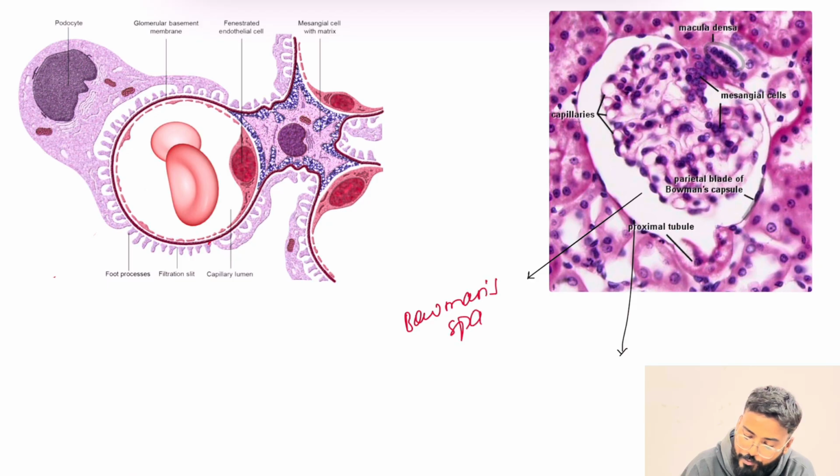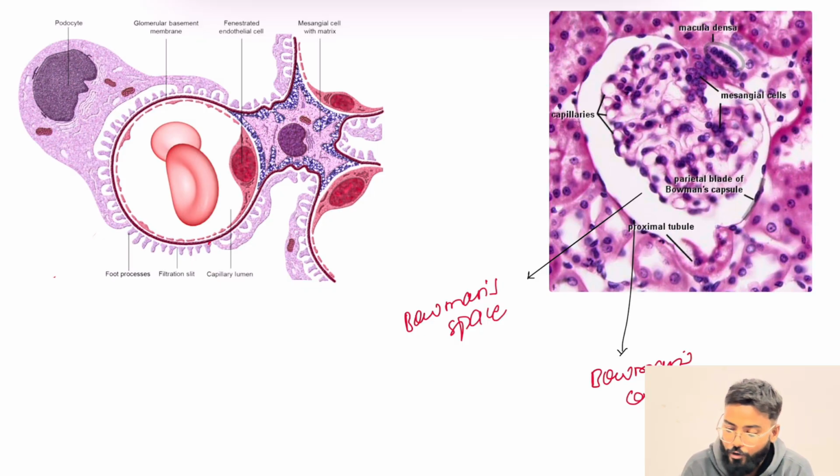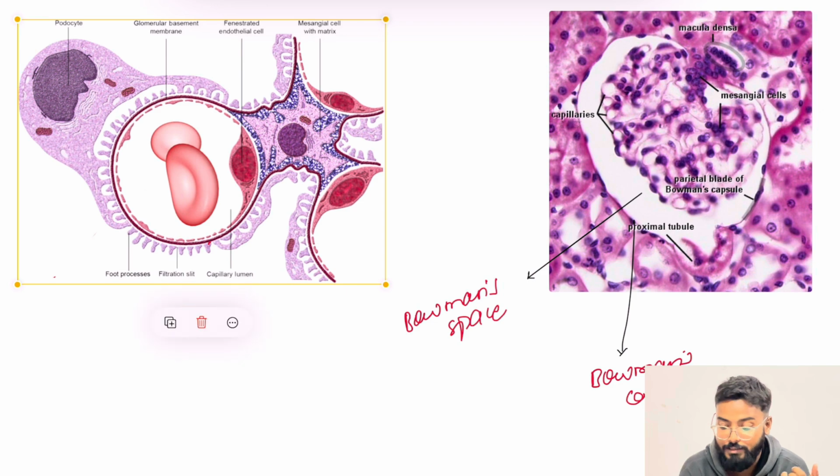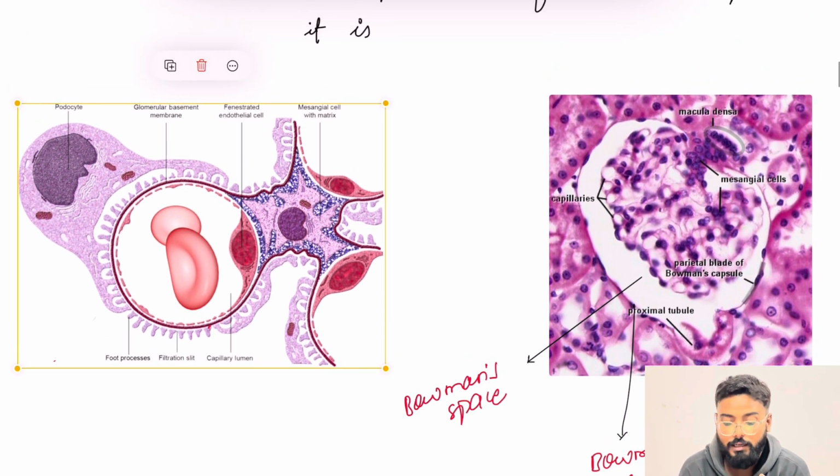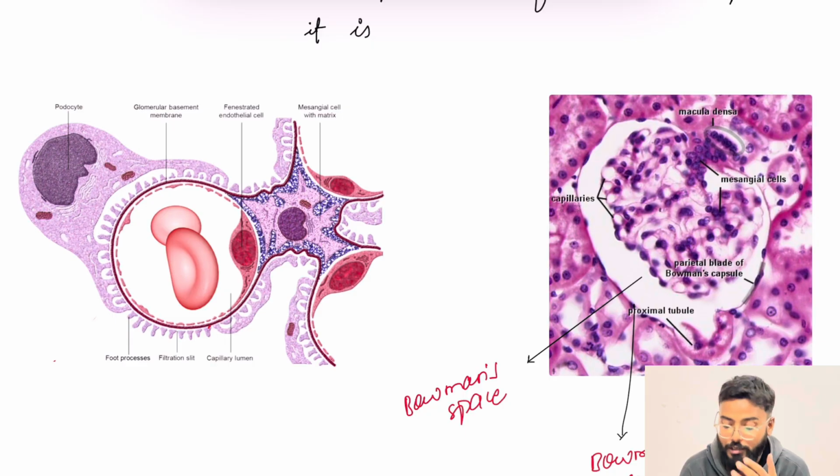This is your Bowman space, and this is your Bowman's capsule. Collectively, all these structures, your glomerulus, your basement membrane, your podocytes, your mesangium, are going to look like this on a histopathological image.